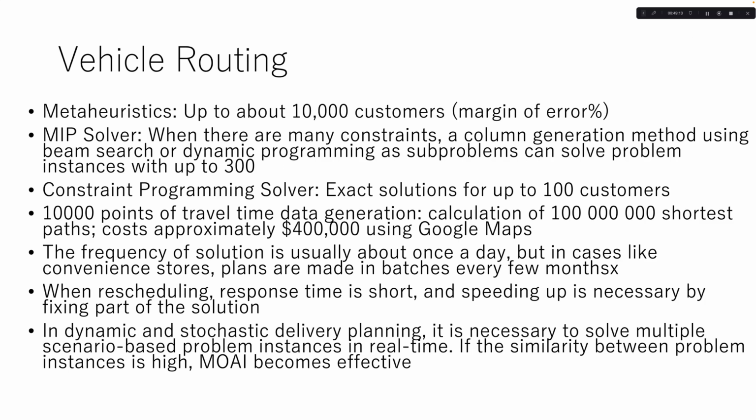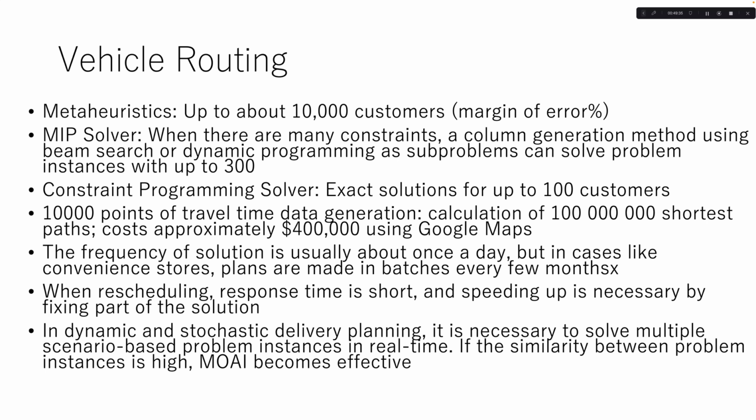Next, I would like to introduce the current status for each individual application, starting with delivery routing problems. Using well-designed metaheuristics, it is possible to derive solutions with a few % error for problem instances with around 10,000 customers. On the other hand, mixed integer optimization solvers are limited in their applicable size.